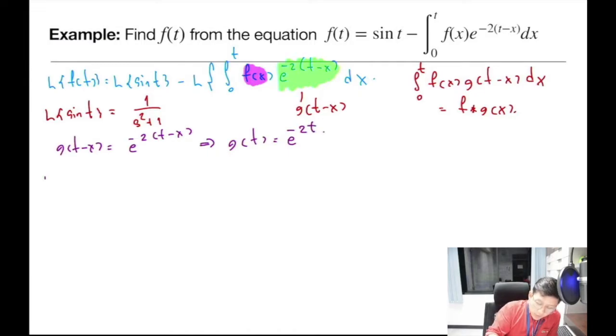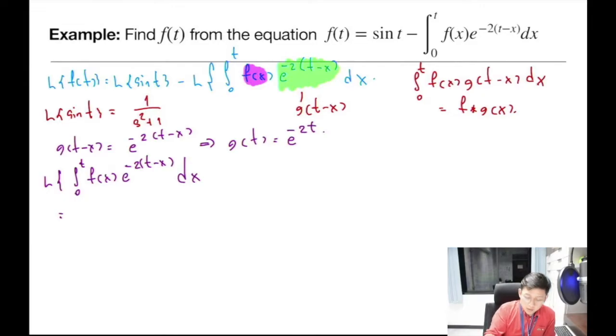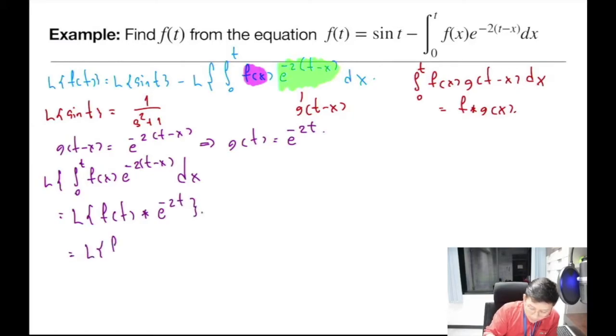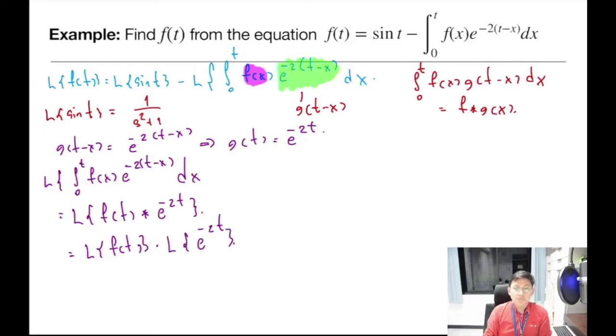So we know that the Laplace transform of the integral from 0 to t of f(x) e^(-2(t-x)) dx is actually the Laplace transform of f(t) convolved with e^(-2t), and that is the Laplace transform of f(t) times the Laplace transform of e^(-2t).